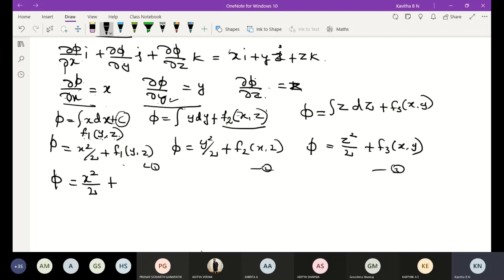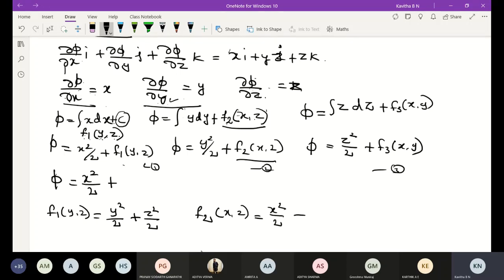Then what we have to do: f1 of y comma z, we have to write as y square by 2 plus z square by 2. Then f2 of x comma z, we have to write as x square by 2 plus z square by 2.